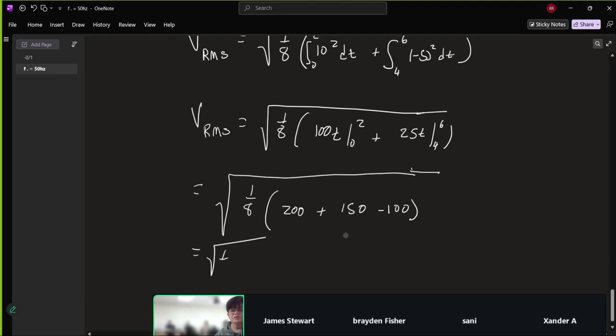So the square root of 1/8 times 250, and I get 5.59 volts.